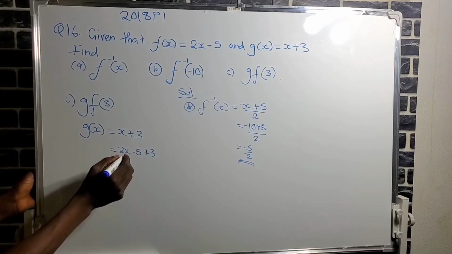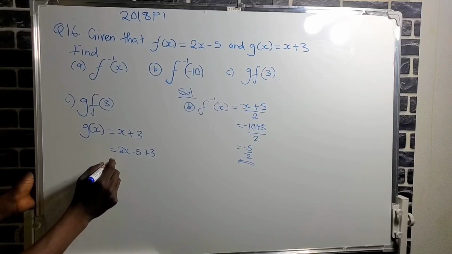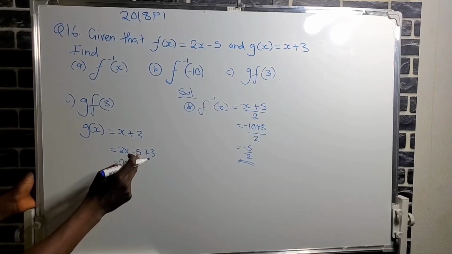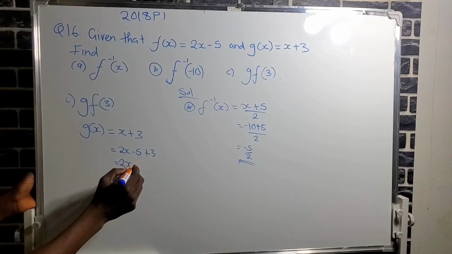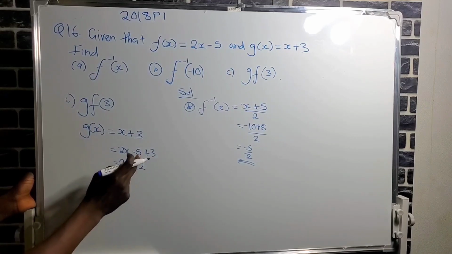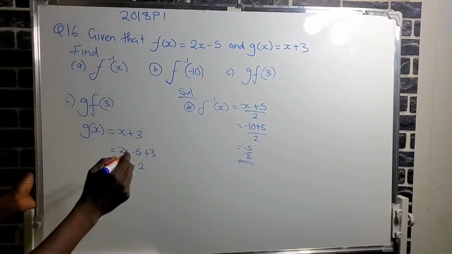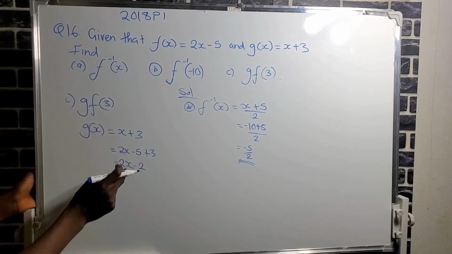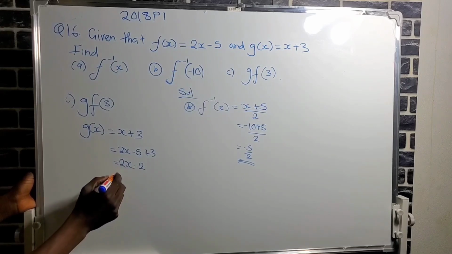Okay, like this. Then we can say 2x negative 5 plus 3 is negative 2. Now I've solved. Now where there is x, since inside here there is no x, the answer would have been this one or the factorized one.